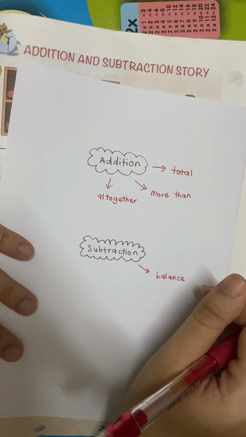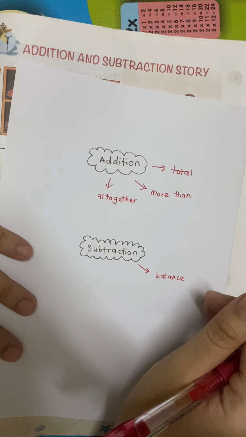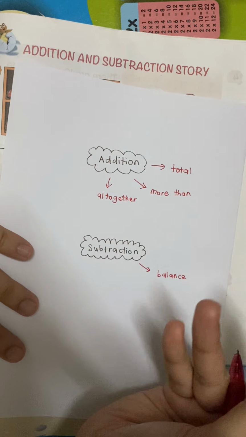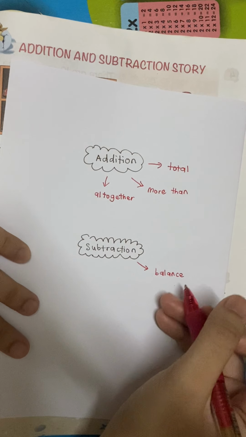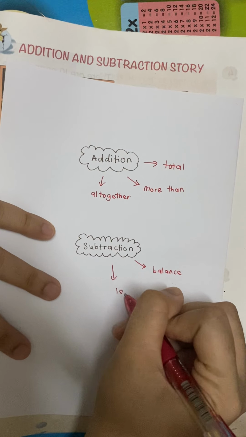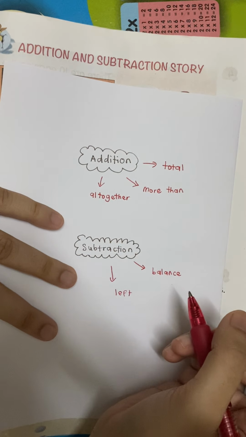For example, you have 5 ringgit. You buy ice cream with 2 ringgit. So what is your balance? What is the balance of your money? So you have to subtract. And then left. How many left? Macam tu. You have to subtract. What else?